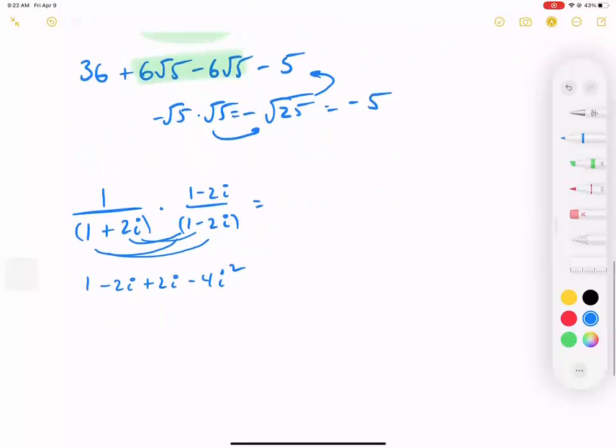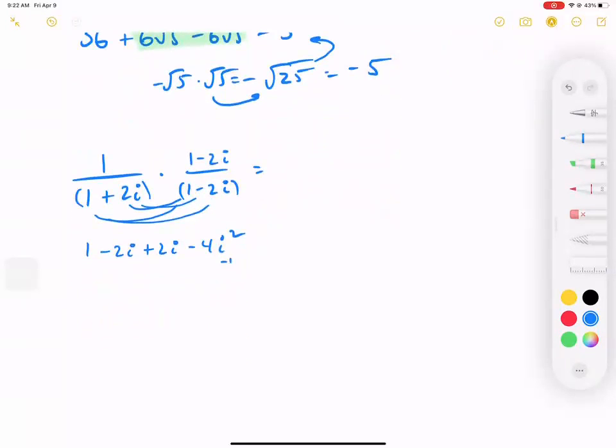If you remember, that i squared is just a negative 1. So we can rewrite this as 1 plus 4, which gives us 5. 1 minus 2i over 5.